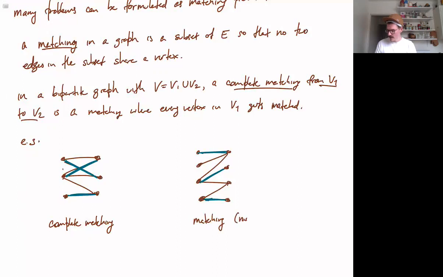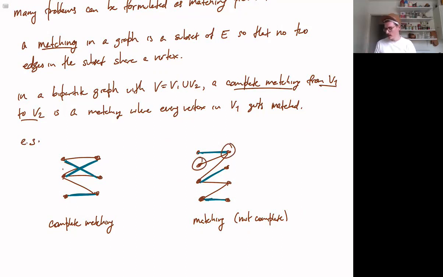And you can see that it is not complete because this vertex in V1 has no partner. And in fact, you could not even extend this to a complete matching because there's nothing to match this one with except for this vertex, but that has already been matched.